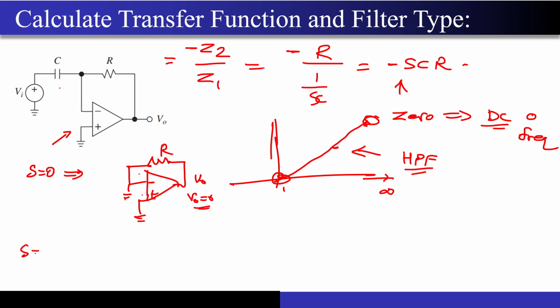Now if I put S equal to infinity, what am I going to get? Let me just draw the circuit quickly. I will of course have this feedback resistor, but along with that, since this capacitor will act as a short circuit now, this is my Vin over here.